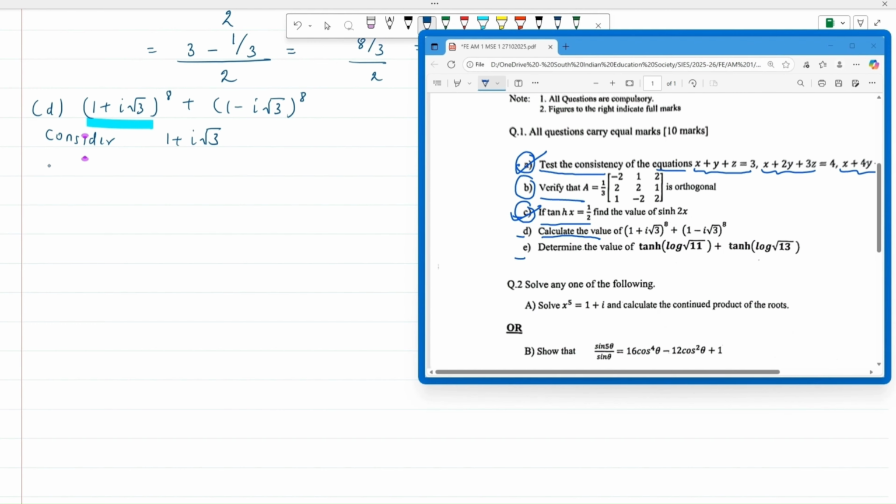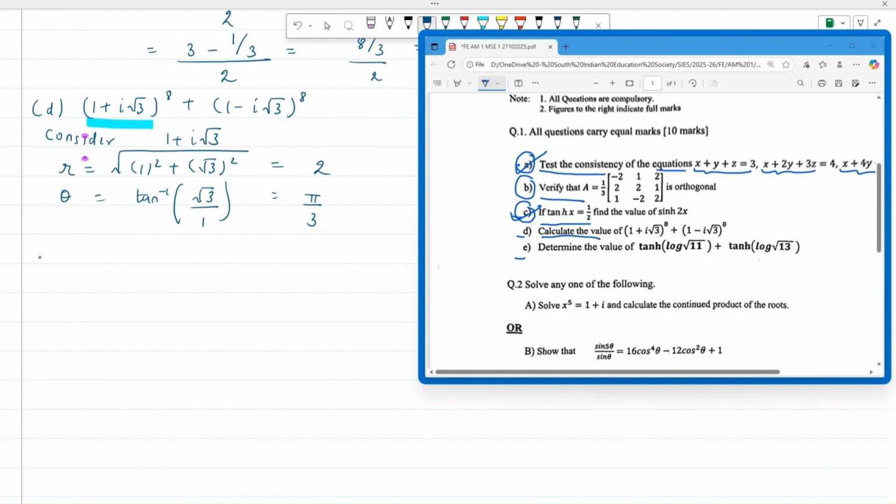So over here, we can evaluate r, which is going to be the square root of 1 square plus root 3 square, and this is going to be 2, whereas theta is evaluated as tan inverse of y by x, so that is going to be tan inverse of root 3 over 1. So since it's root 3 alone, it is going to be pi by 3 or 60 degrees.